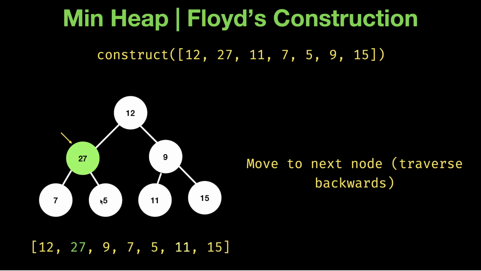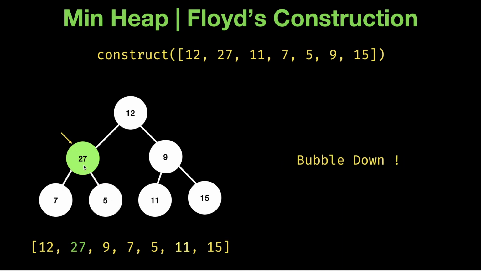That means 5 is the smaller element between 7 and 5, so we swap 27 with 5. Now this particular subtree is satisfying the heap invariant property. We are not concerned with the heap invariant property of the overall tree yet, because we still have to go to the root node, but in this subtree the property is already satisfied.